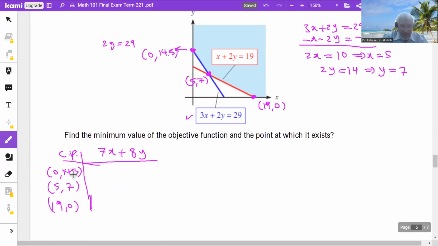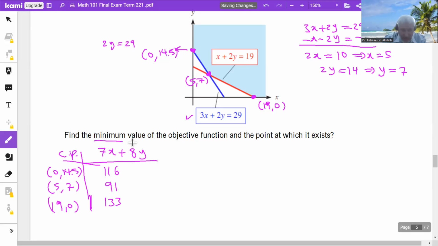So 7 times 0 plus 8 times 14.5. You can use the calculator and make sure that the answer is 116. 7 times 5 plus 8 times 7 will give you 91. 7 times 19 plus 8 times 0 will give you 153.